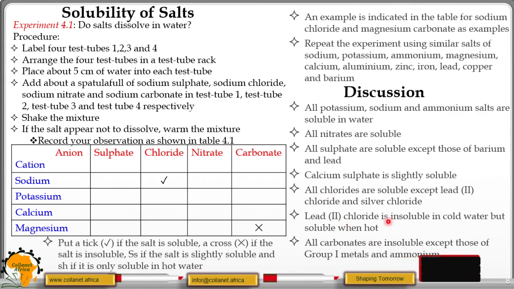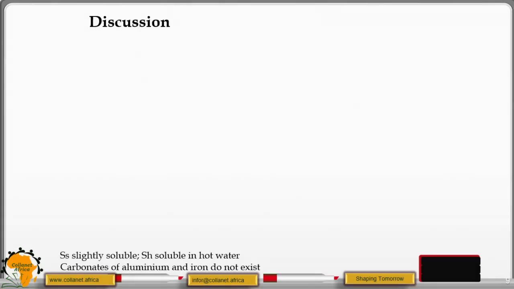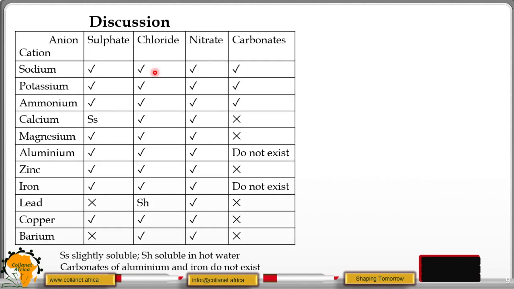So you have to be careful with this experiment, because in form 4 you're going to use the same concept when you come to qualitative analysis, whereby you carry out experiments to see what ions are present in a given unknown.